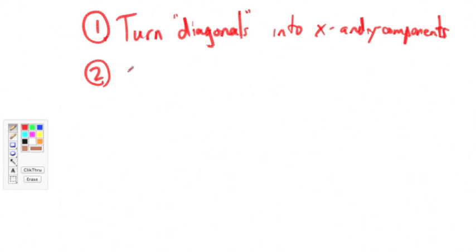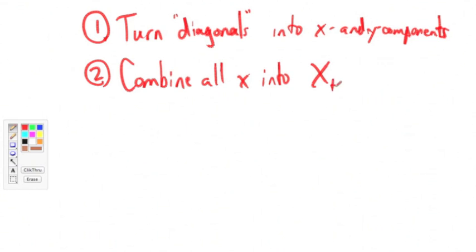So our next basic skill is to combine all x vectors into an x total, and that's just taking all the ones that are right, left. We should hopefully be able to get rid of all of those and just turn them really into one x total vector.